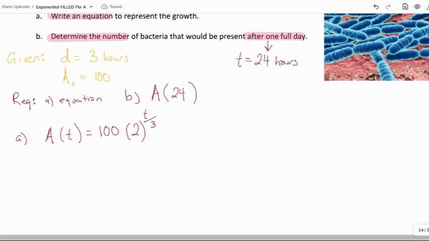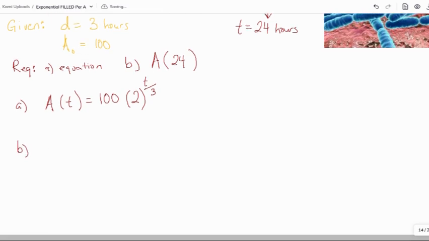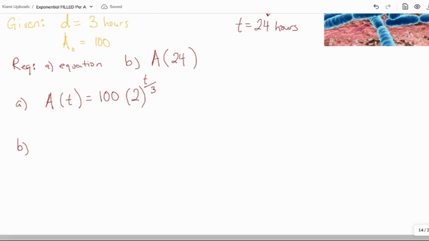So this is a model. This allows you to say, hey, in 100 years, how many bacteria are you going to have? Hey, in 2 minutes, how many bacteria are you going to have, right? You can use this model. Now, in part B, we're being asked to use the model for a specific time.